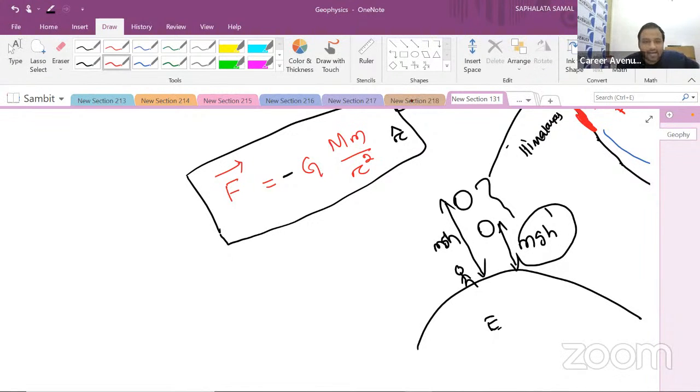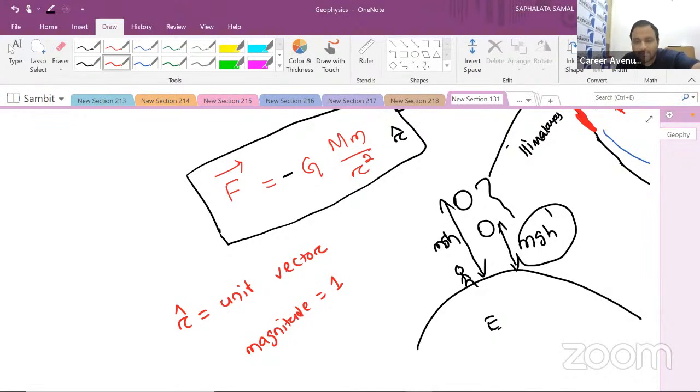And this r vector, this little r with a cap, is called a unit vector. It has no magnitude; the magnitude is 1. It just gives the direction.